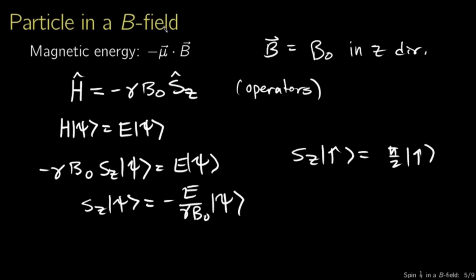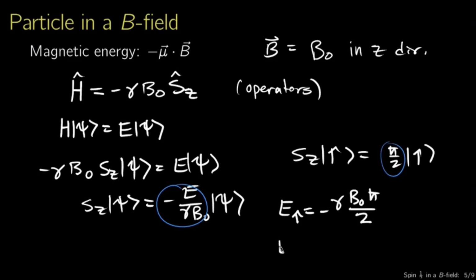What that allows you to do is identify the eigenvalues you get here with the energies. What that tells you is that the energy of, for instance, the spin up state is going to be minus gamma B0 h bar over 2, and the energy of the down state is going to be the opposite sign, gamma B0 h bar over 2.